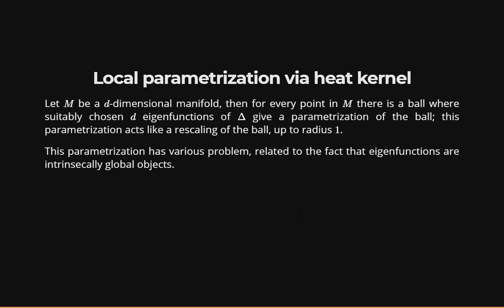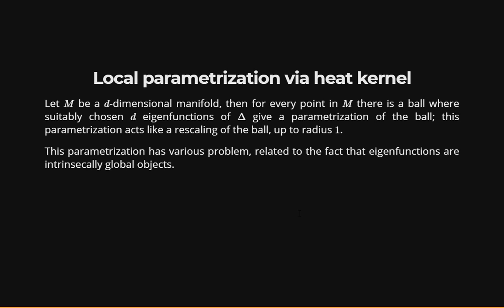Now, this has various problems. First of all, you have to compute eigenvectors, and if you want that parameterization, you have to find not the first d eigenvectors usually, but some d eigenvectors, which is problematic because it means computing more than d eigenvectors.